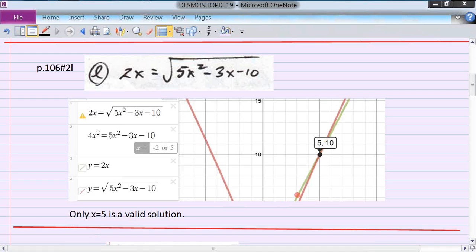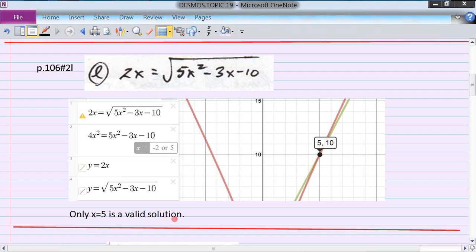The green one is y equals 2x, sorry, and the orange one is this one right here. So this one going down here and coming up here is the square root one, and the intersection of the straight line and the square root function is at x equal to 5, and that's the only valid solution.